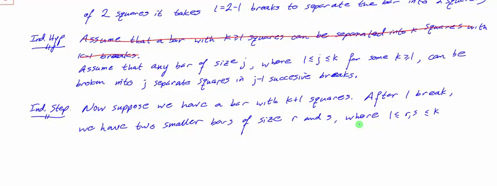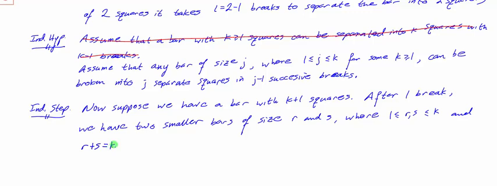So if I have 12 squares, I make a break, I can't have any more than 11 squares left in the largest piece. And then we also know that with these 2 smaller bars, if I add up the number of squares in both of them, that's going to be equal to k plus 1. I started with k plus 1 squares and I just broke them into these 2 separate pieces.